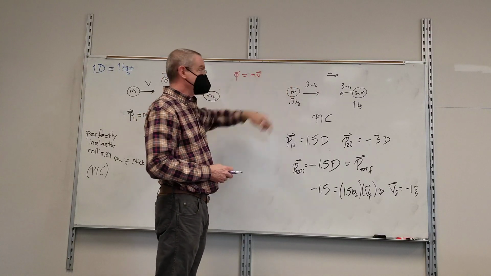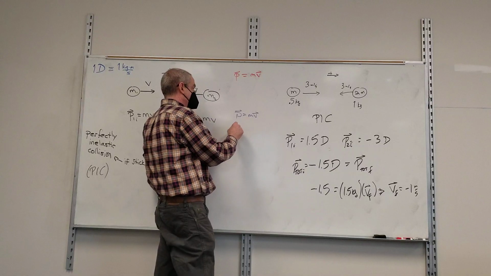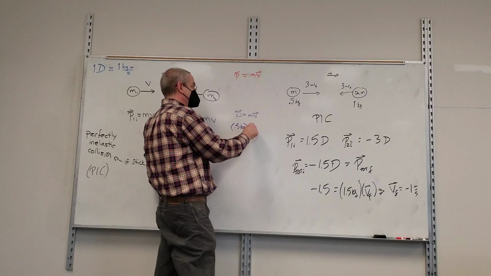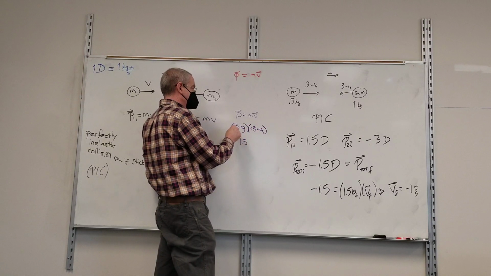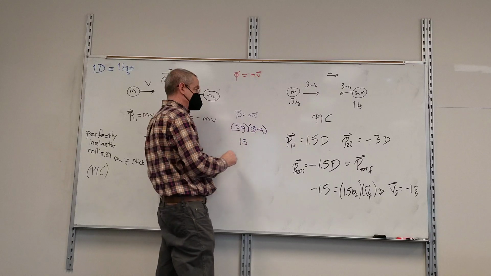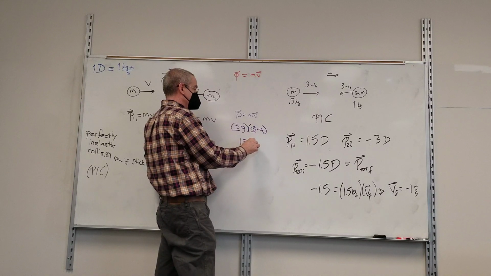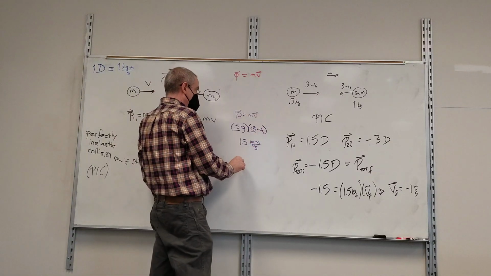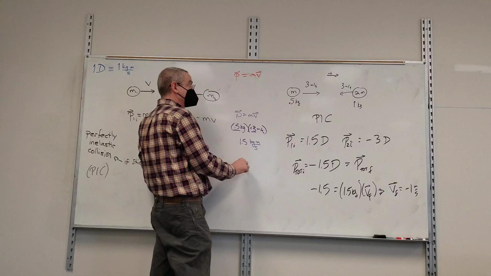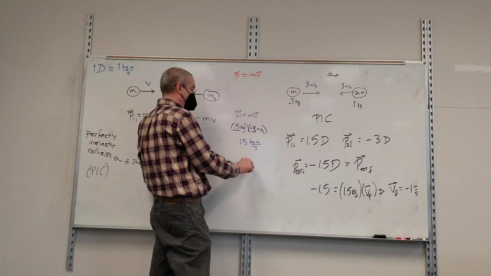If to the right is positive, my momentum is just 0.5 kilograms times positive 3 meters per second, which is 1.5. The math part is just 0.5 times 3, and then the units, kilogram meters per second. For the second one, for P2, my mass was 1 kilogram.